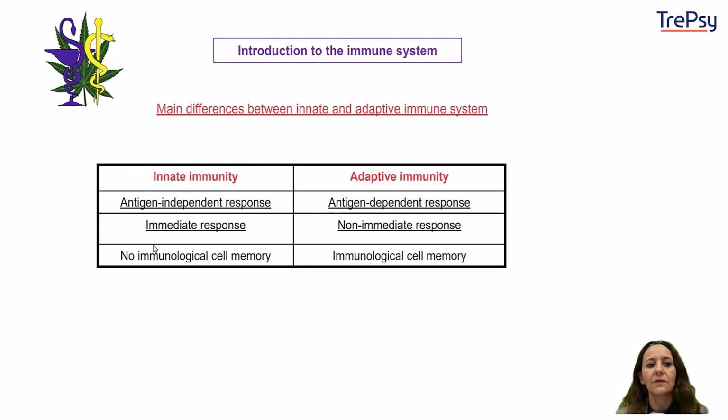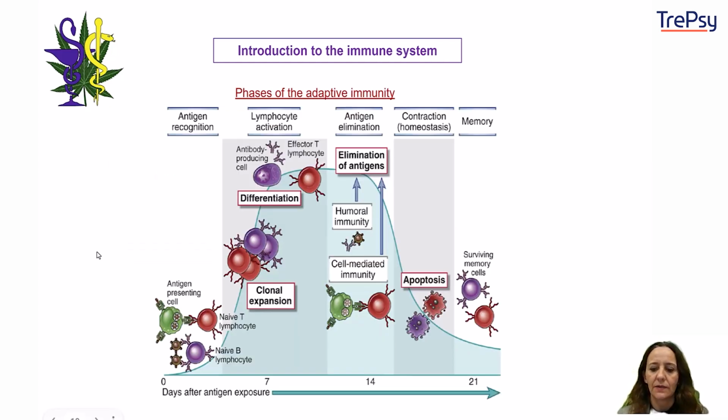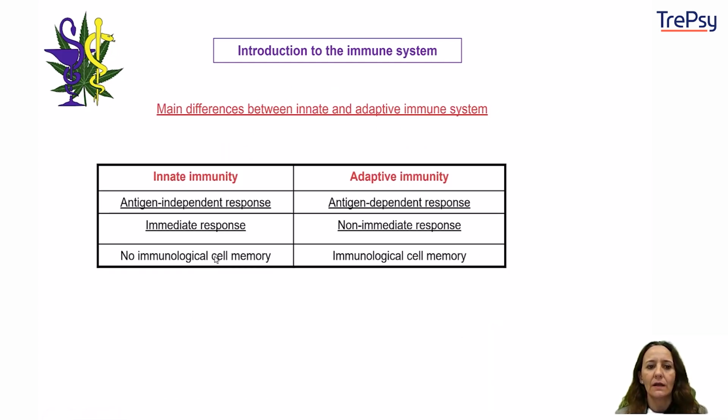While innate immunity exerts an immediate response, the adaptive immunity is a non-immediate response. Also, the innate immunity doesn't give rise to potential memory, while the adaptive immunity gives rise to an immunological cell memory, and a very effective one.